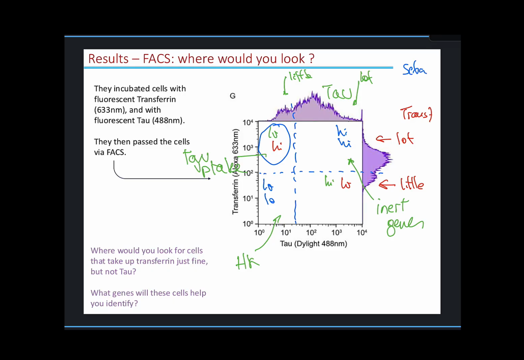Those tau uptake pathway genes, when mutated, made the cells much worse at uptaking tau. And we know they're not dead because they're taking up transferrin. And we know that they're failing at taking up tau because they're in that upper left quadrant where the green fluorescence is a lot less than the red fluorescence. Yeah?